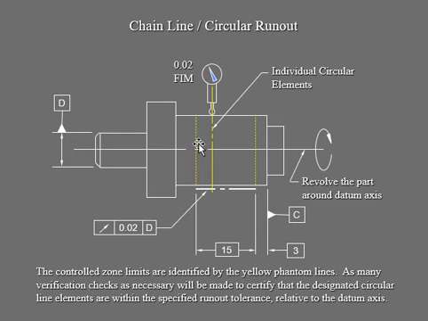Of course, now we're going to probe that zone. The control zone limits are identified by this little yellow line right there. This is a phantom line, so you can see the individual circular elements, and our probe is right here. We're taking a look at the FIM, checking that tolerance, and doing the needed verification checkpoint using this measurement device, your dial indicator, so that we can see these circular line elements are within the specified Runout tolerance.